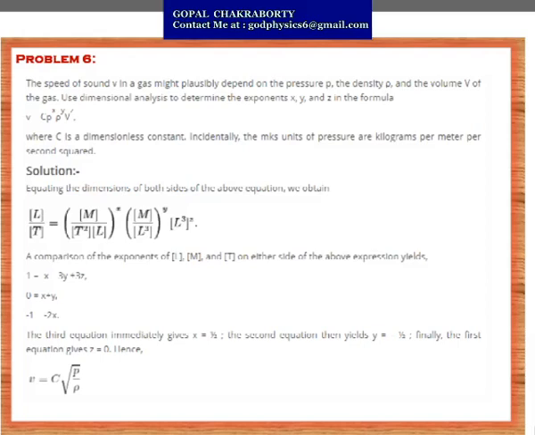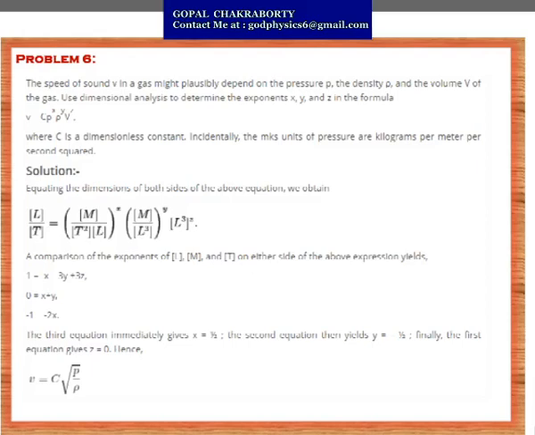Using dimensional analysis, determine the exponents x, y, z in the formula v equals c times p to the power x, rho to the power y, and V to the power z, where c is a dimensionless constant.